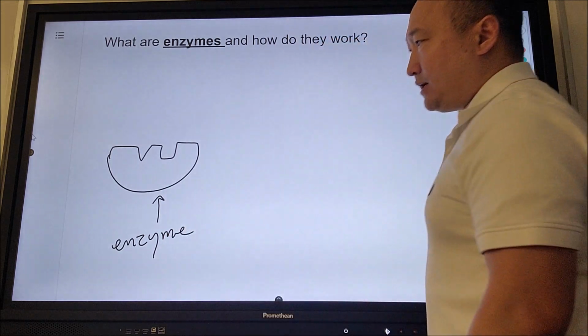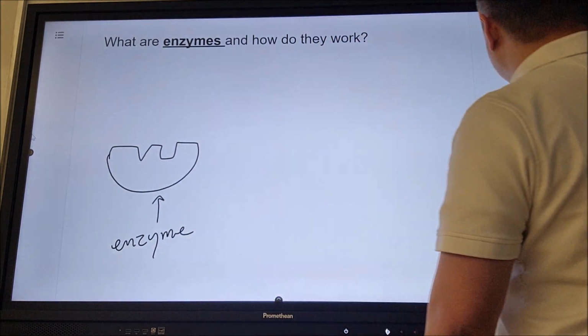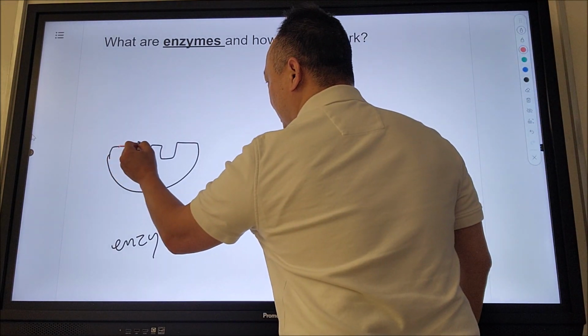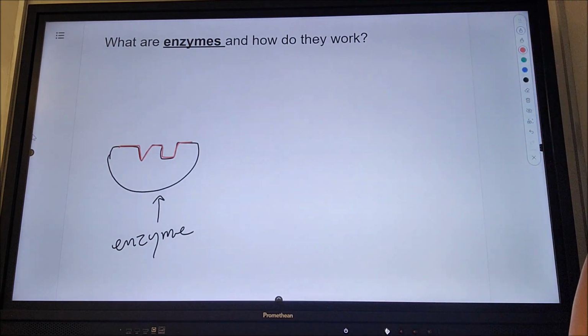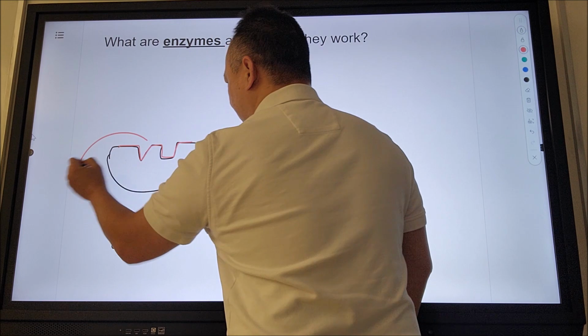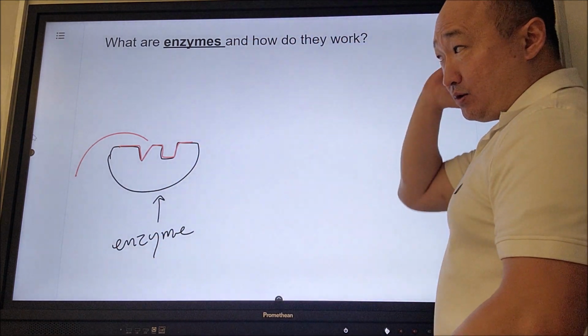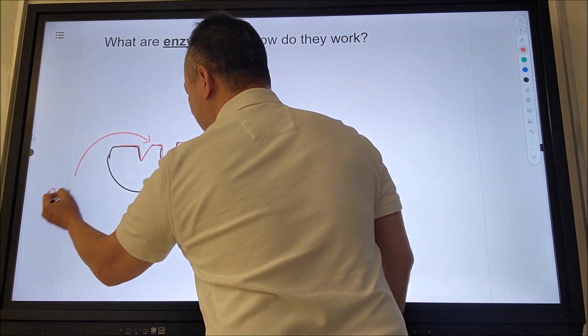What we're stressing here is that it has a very important structure right there, and that's where it will catalyze the reaction. And so this is very important. This is known as the active site.